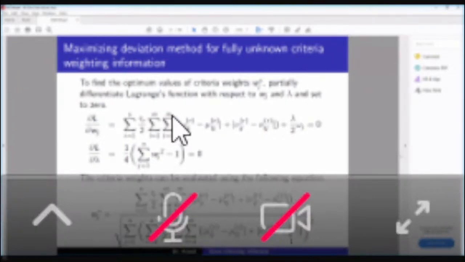So ultimately we will have this Lagrange function. Then, if you are aware of how to solve the problem, just partially differentiate this Lagrange function with respect to w_j, that means the weight, and the Lagrange multiplier lambda. Solve these two equations and ultimately you will get the required weights w_j star.